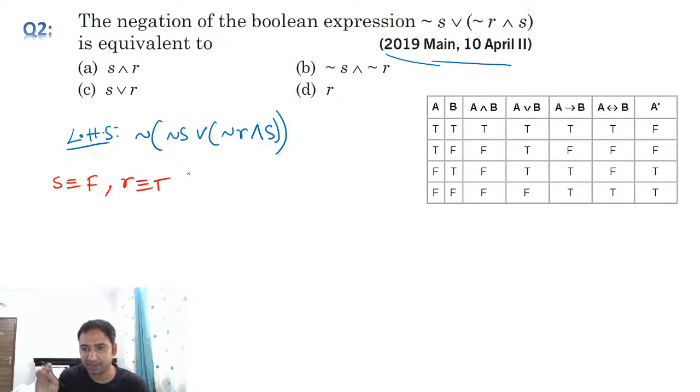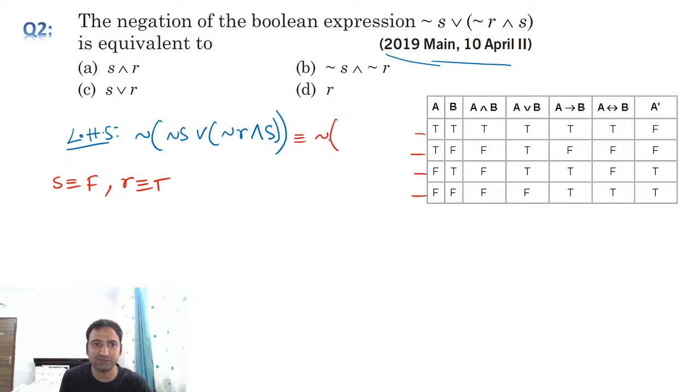Any substitution you can take, out of these four rows: true, false, true, whichever you want. I am taking false, true. If I take false, true and substitute here, let's see what I'll get.